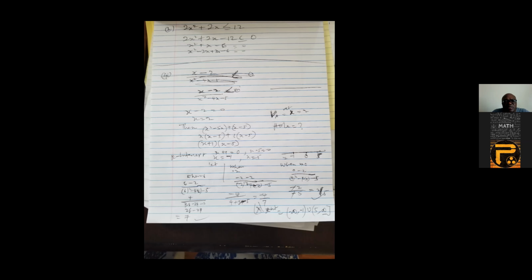And I tested minus 2. I put minus 2 up in the numerator, over minus 2 squared minus 4 times minus 2 minus 5.